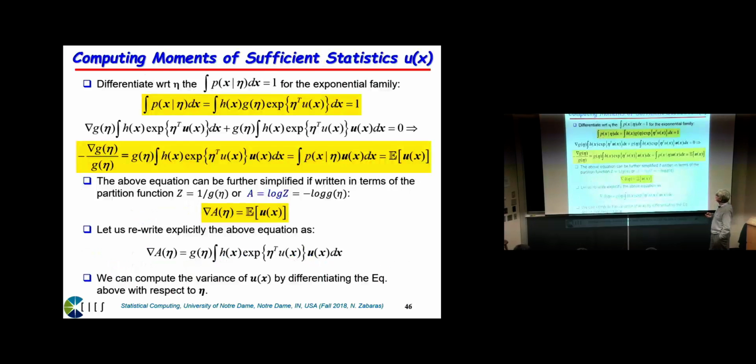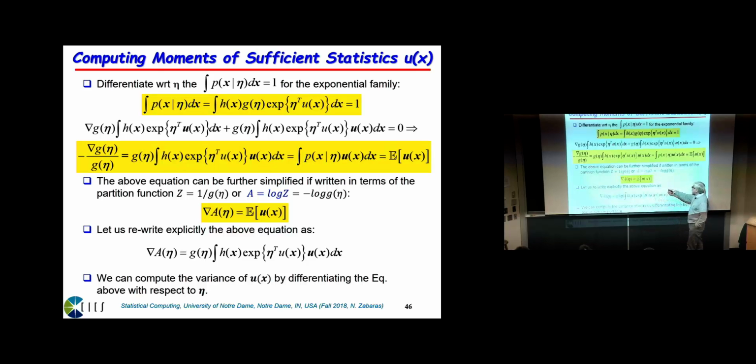All right, and we proved in early lectures, and we mentioned this on Tuesday, if you want to compute the expectation of u of x, so let's say the sufficient statistic is x, if you want to compute the expectation of x, which is the first moment, you can do this by taking the gradient of A with respect to eta.